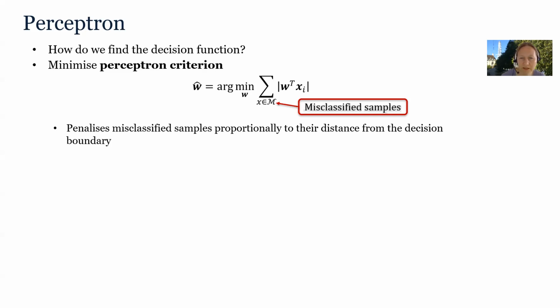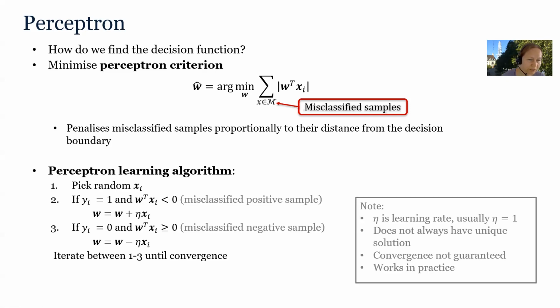This distance is expressed through the absolute value of the decision function. You can imagine that when the absolute value of the decision function is large, the sample is far from the boundary. If it's small, it's close to the boundary. So this will be our penalty, and we only penalize samples that are misclassified.